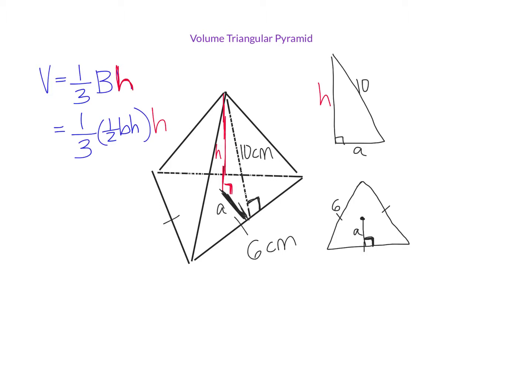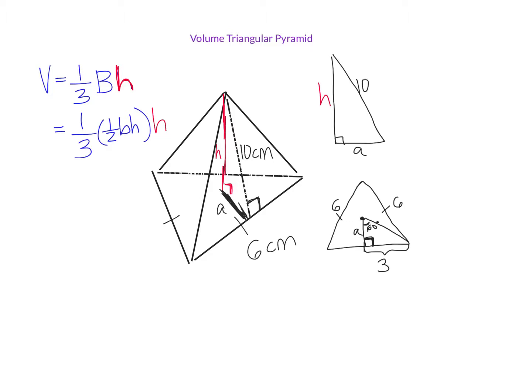So if we have an equilateral triangle and all the sides are 6, that means from here to here would be 3 centimeters. And if we think about this being a right triangle, I know that this angle right here is going to be 60 degrees. Man, I drew this pretty tiny.